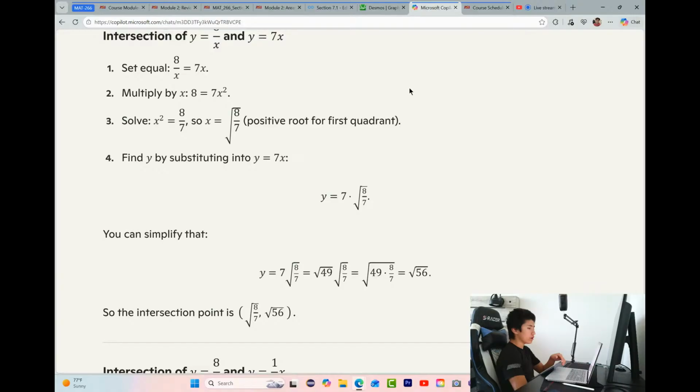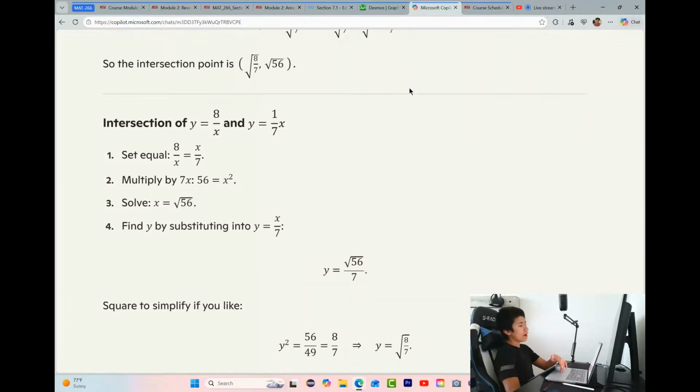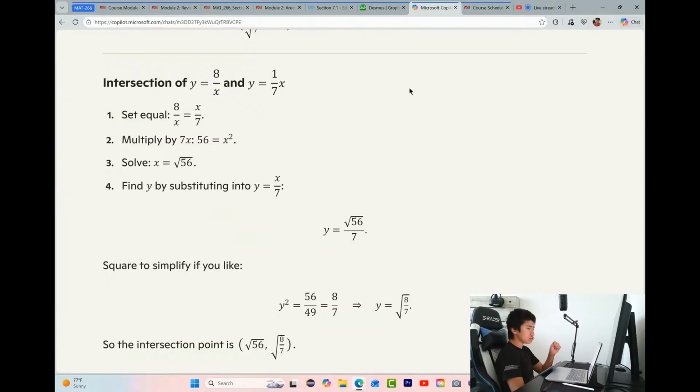Equals square root of 49 times the square root of 8 over 7, which is square root of 49 times 8 over 7. Square root of 56. Oh, that's what you mean. So the corresponding y value is square root of 56. For this one, y equals 8 over x, and y equals 1 over 7 times x. So the blue and the green, set them equal. Multiply by 7, cross multiply. x equals square root of 56.